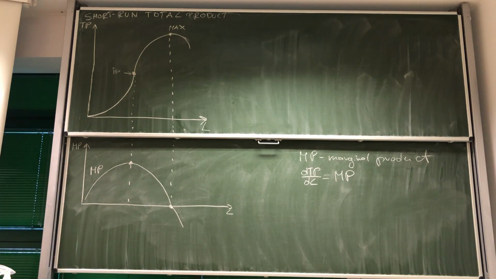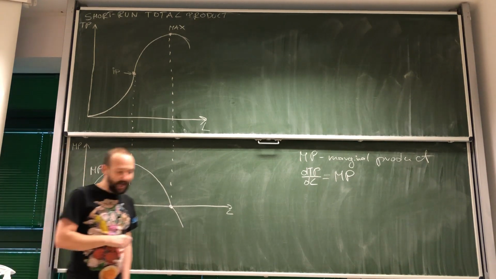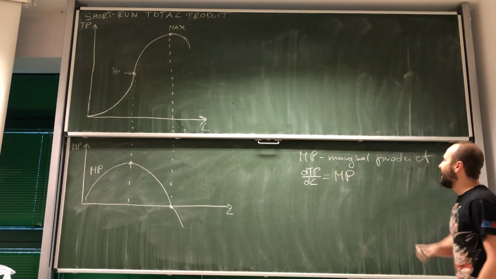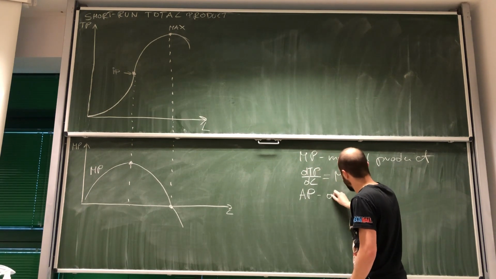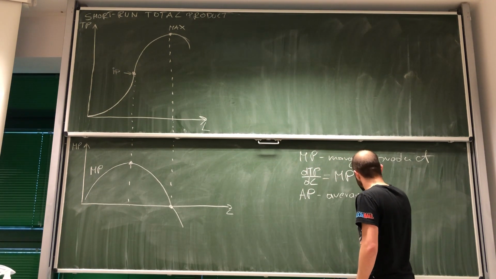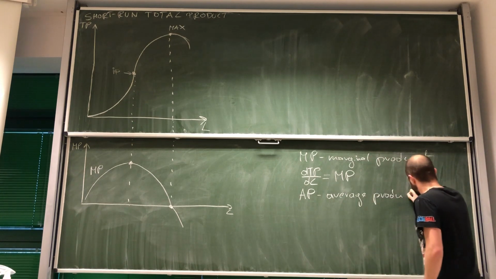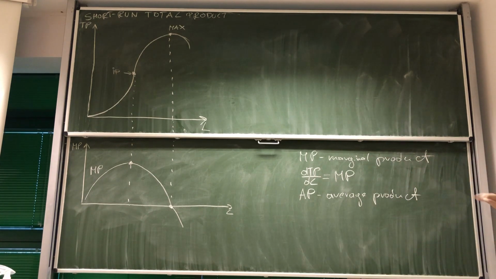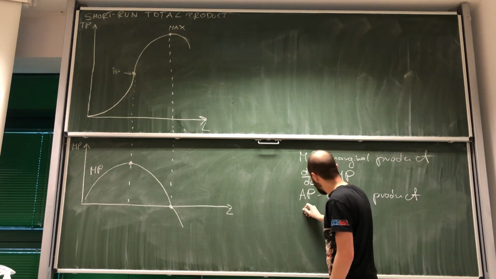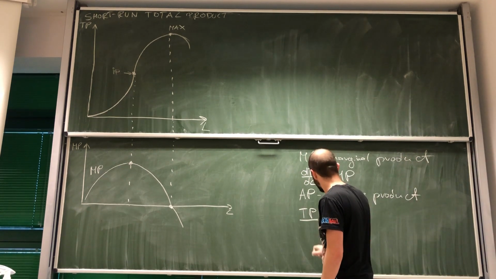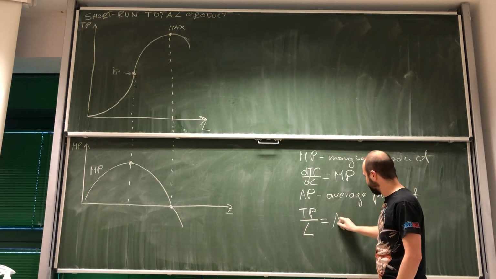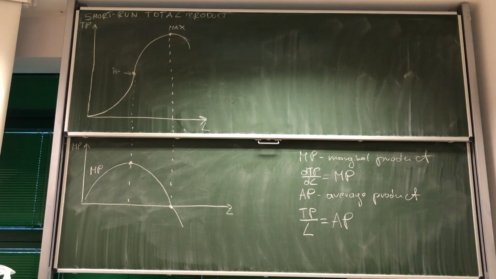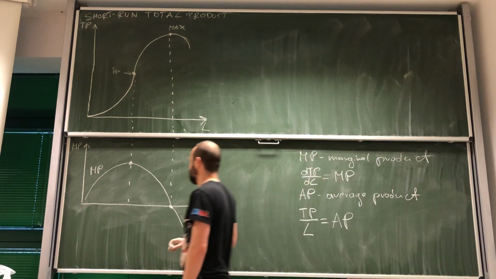Now, another thing that we can calculate over here is average product. Average product is the total level of production in the company per one worker. So how much on average one worker is producing. And I'm going to show you a graph of how it should look.